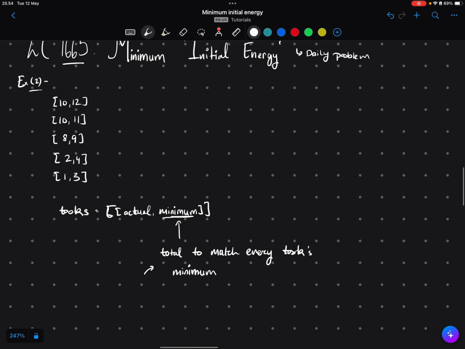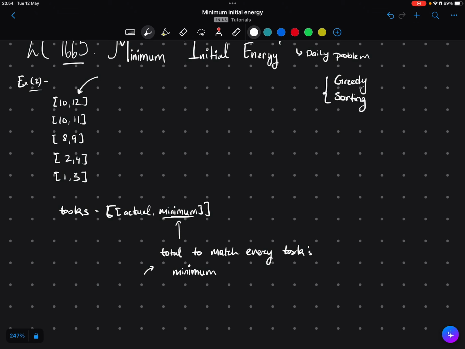So what have I done with this ordering I've given here? I've placed emphasis on the minimum, and I've sorted the array such that the highest minimum comes first, essentially a descending array of highest minimum. This is a greedy and sorting problem immediately.